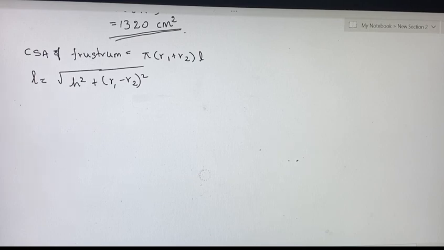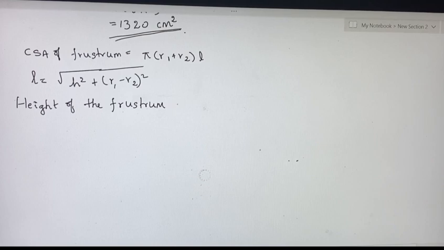So how do we find it? H is nothing but the height of the frustum. We know the entire height of the given product is 60, and we know the height of the cylinder.